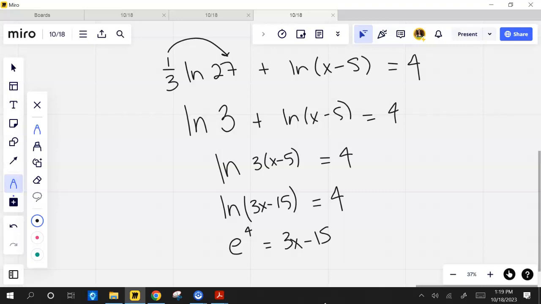I'll find e to the fourth. But it's like a long number. It is, it's a decimal, round it up.